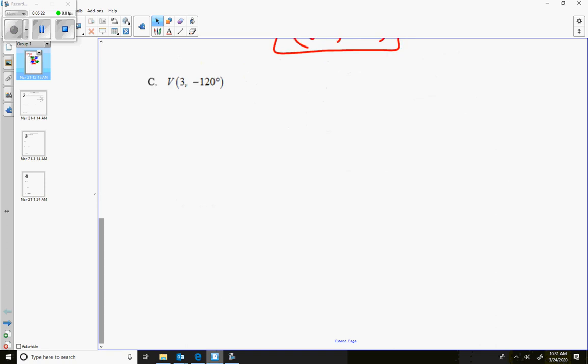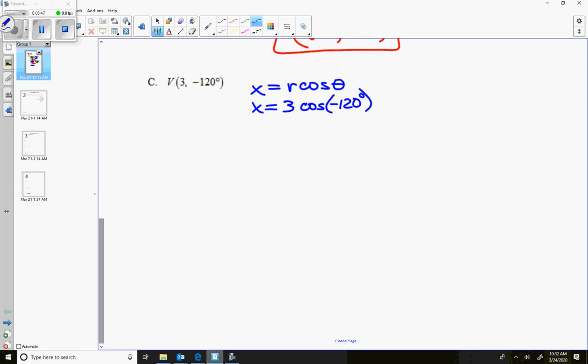All right, C. Point V. 3 comma negative 120 degrees. Still, nothing is changing. It might make you pause a little bit longer on your unit circle to make sure you're in the right place, but it's still the same formula. X is r cosine theta, so it's going to be 3 cosine of negative 120 degrees. Well, where is negative 120 degrees?